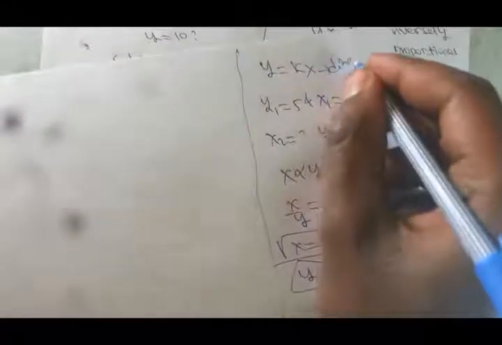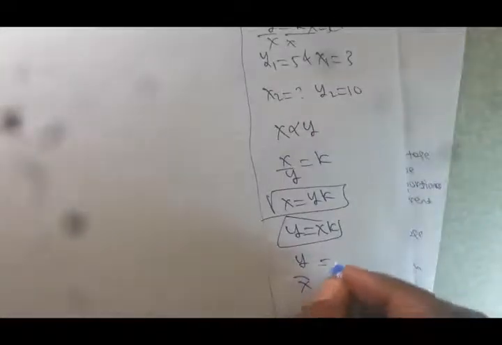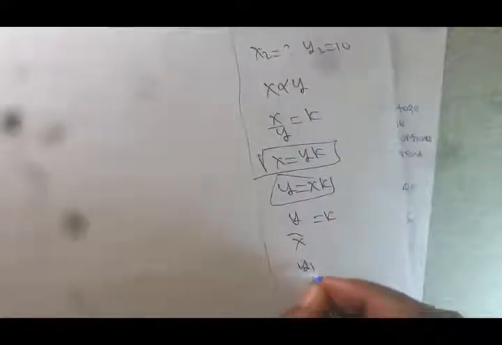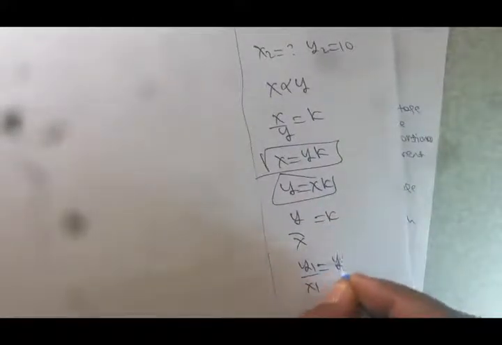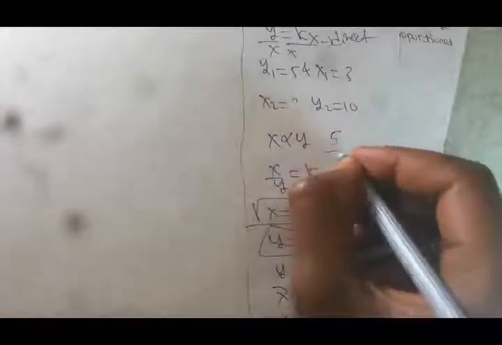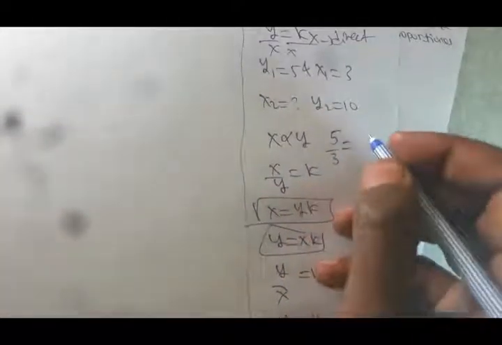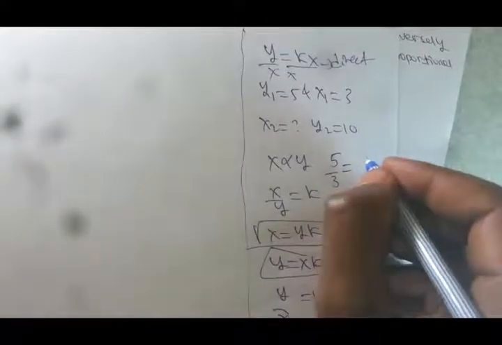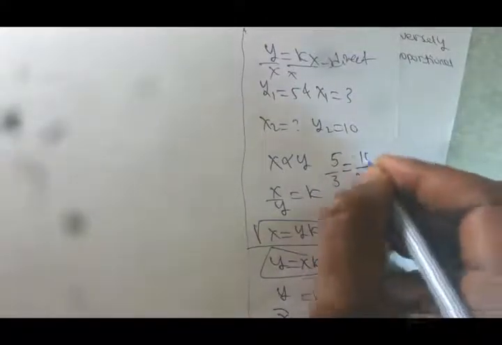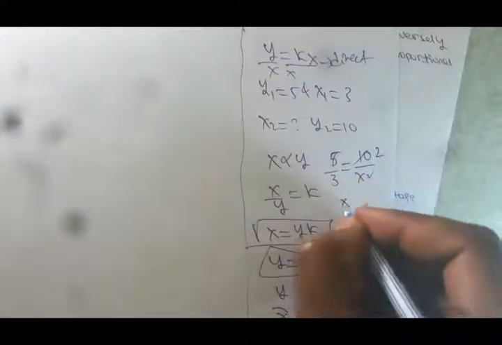In the case of direct relation, we divide by x. Therefore y over x equals k. For two functions, y1 over x1 equals y2 over x2. Therefore 5 over 3 equals 10 over x2. This will be cancelled by 2, and x2 equals 6.